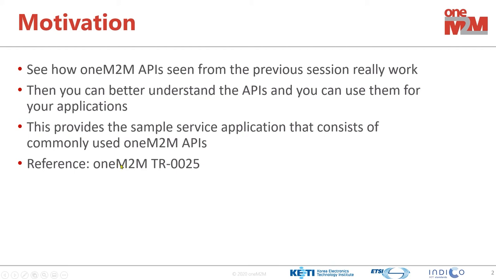This one is referring to oneM2M TR25, which is the oneM2M developer guide, and I have simplified the setting or the system configuration a bit more to just focus on the oneM2M API explanation.